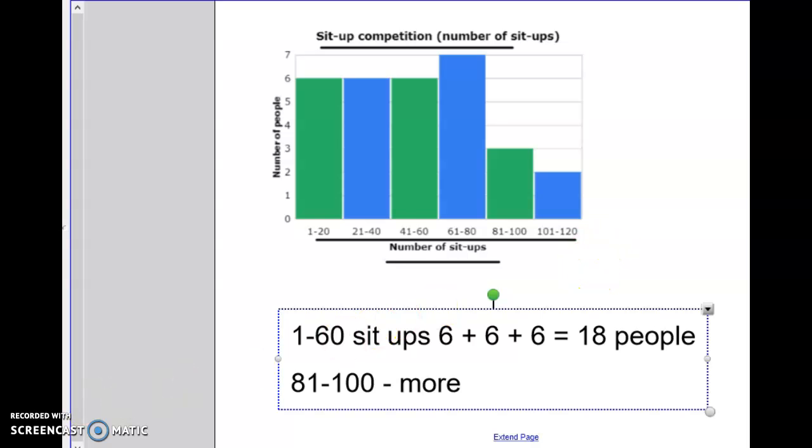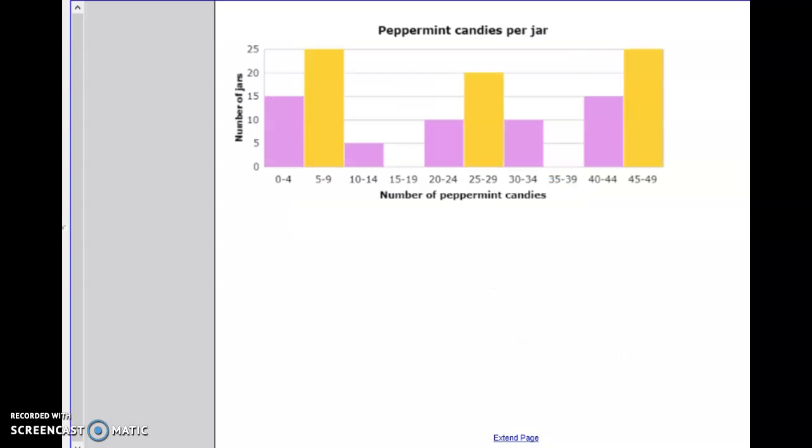Okay, let's look at another histogram. The title of this one is Peppermint Candies per Jar. The numbers on the horizontal, or x-axis, stand for the number of peppermint candies. Those numbers have been put into groups, or intervals.